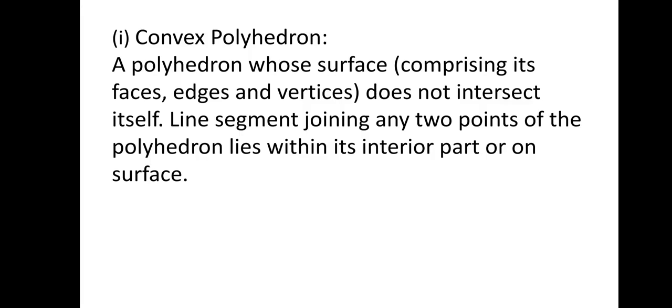A polyhedron whose surface comprising its faces, edges and vertices does not intersect itself. A line segment joining any 2 points of a polyhedron lies within its interior or on the surface. Basically, in this convex polyhedron, the line segment joining any 2 points should lie within the interior part or on the surface only.